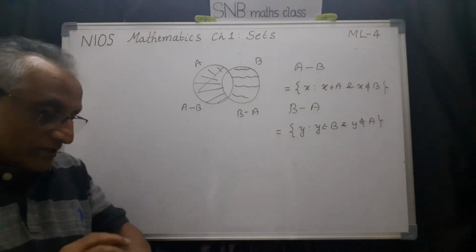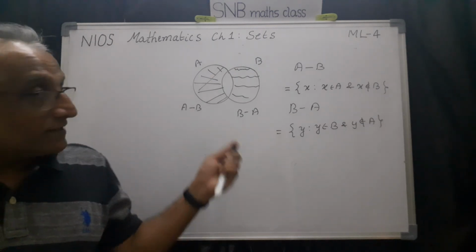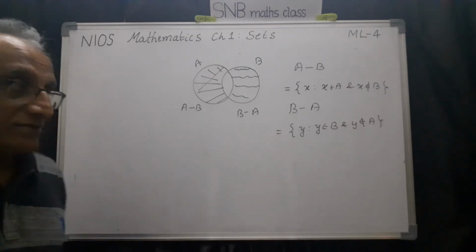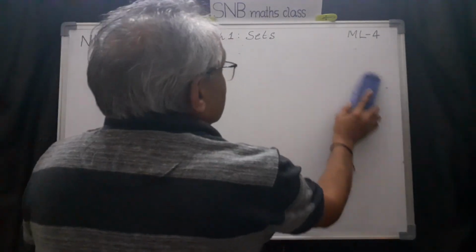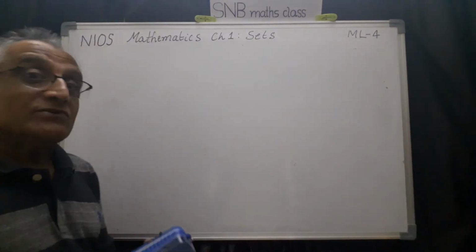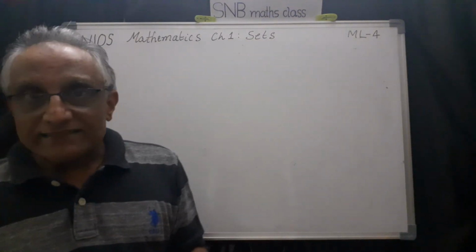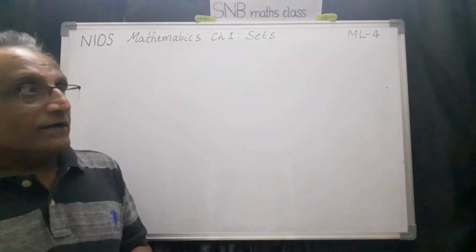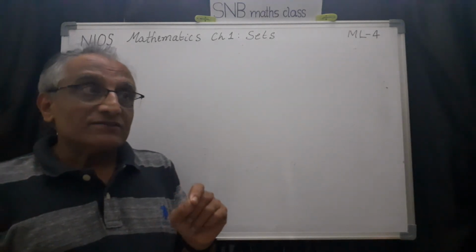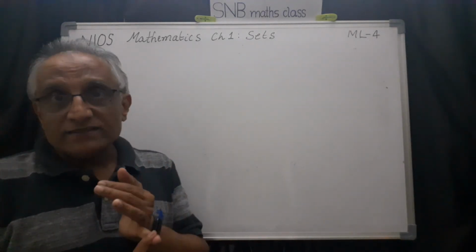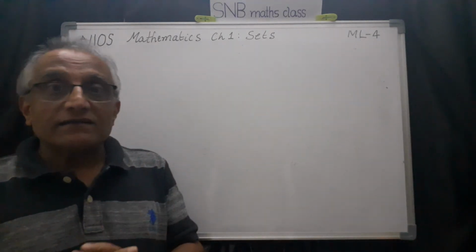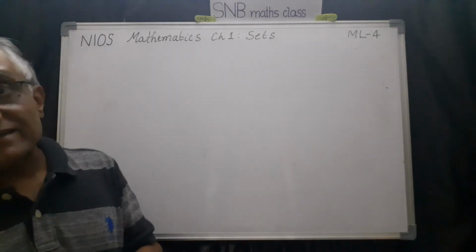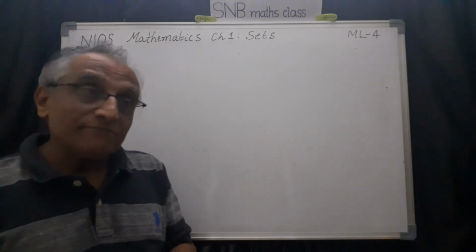Let me conclude here the difference. I don't want to take the next concept, that is complement. Today I have completed two important concepts. One is universal set. Universal set is denoted by U, and it is not unique. It depends on your choice. Second one, of course, is graphical or diagrammatical representation of sets using a diagram that is called Venn diagram.